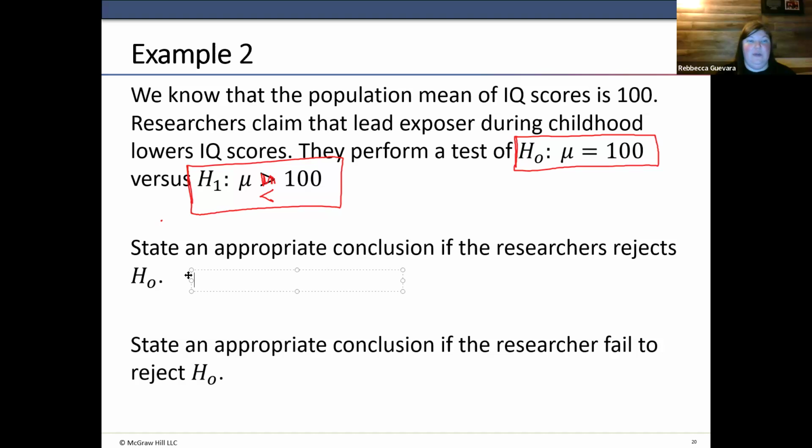Well, if we reject the null hypothesis, then we have evidence to support the alternative.